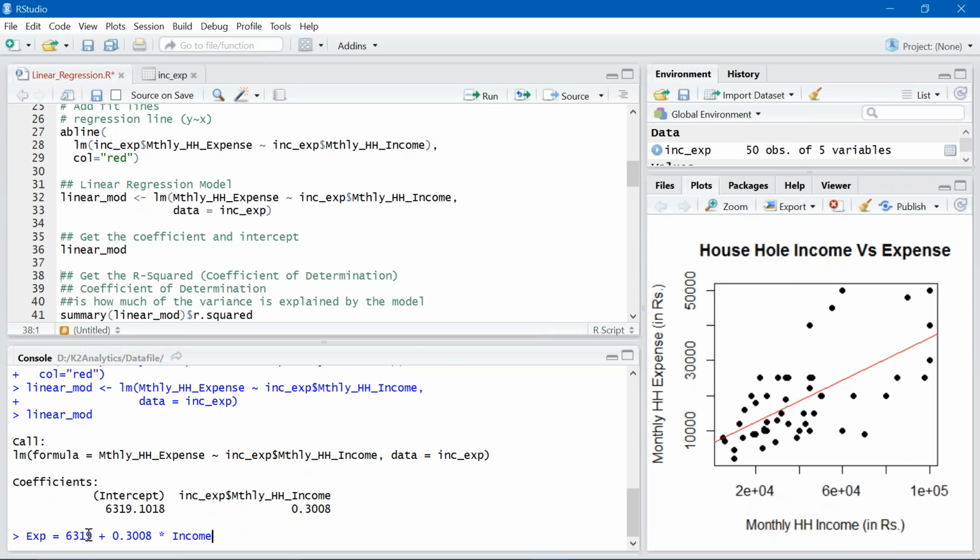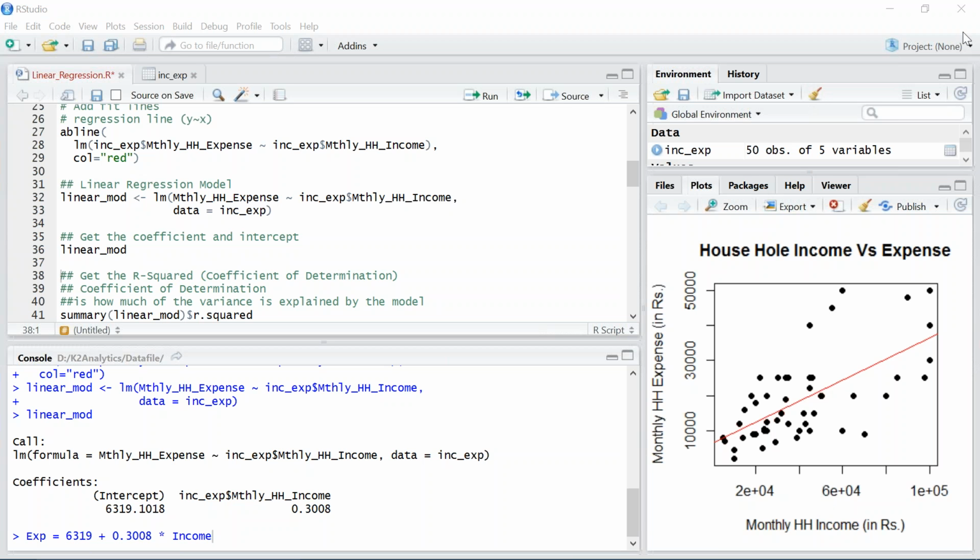If this is what the equation is saying, what is the interpretation of this intercept, this 6319? The interpretation is: if a household does not have any income, can they survive without any expense?